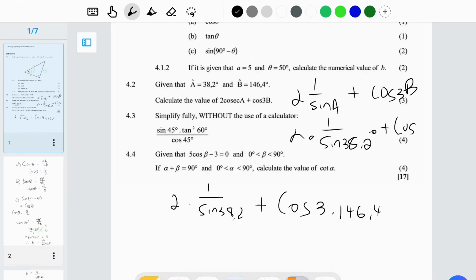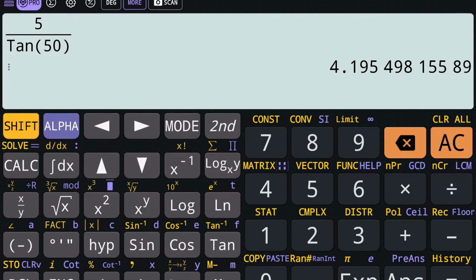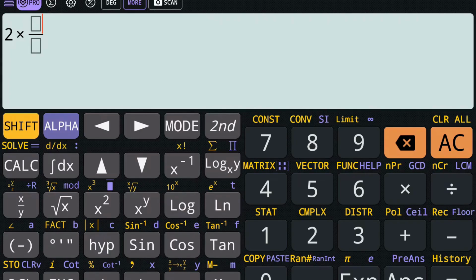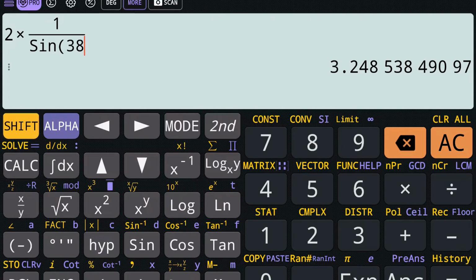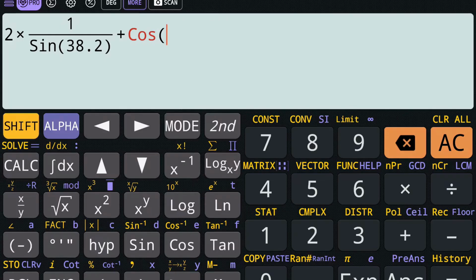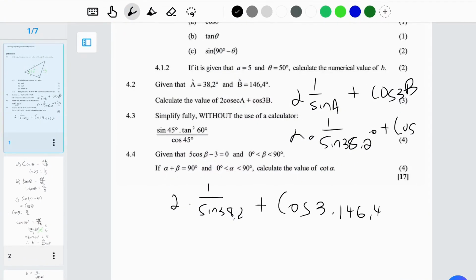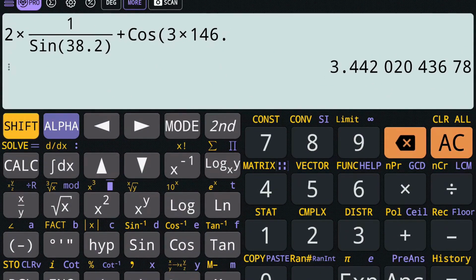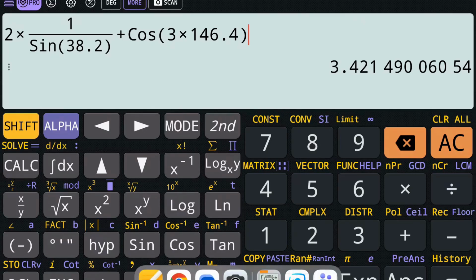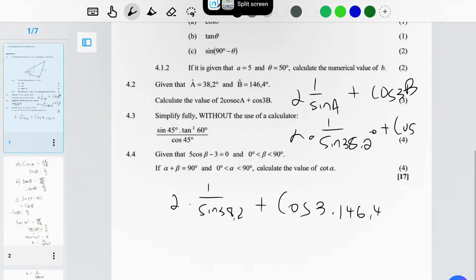We clear this and say 2 times 1 over sine 38.2, close, plus cos 3 times 146.4, and that gives you a value of 3.42 rounded off to 2 decimal places.